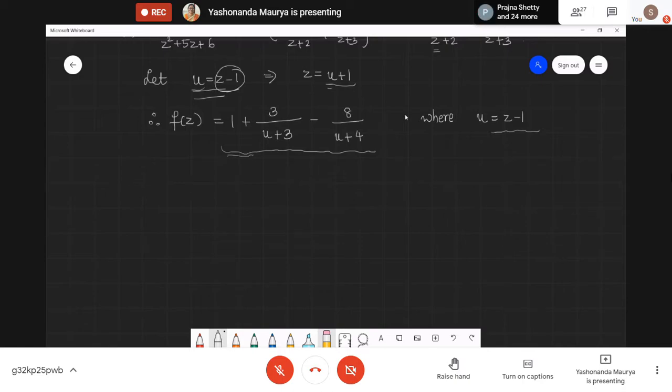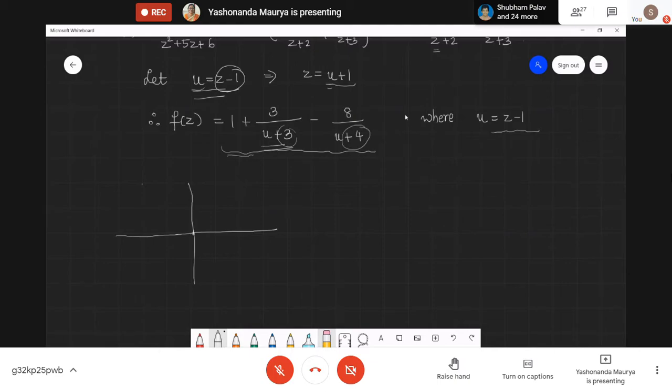How will this expression divide the complex plane? So how do we do it? When I take this expression, this is u equal to 0. What are the problematic points over here? Problematic points are u equal to -3 and u equal to -4.